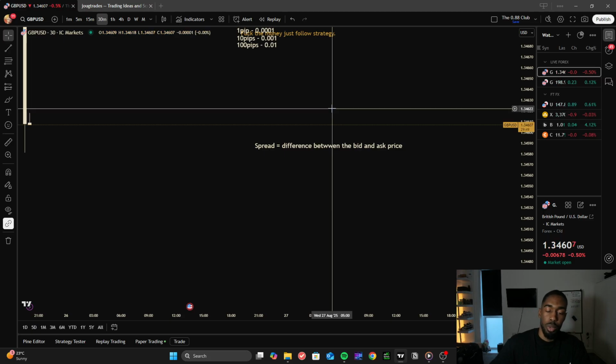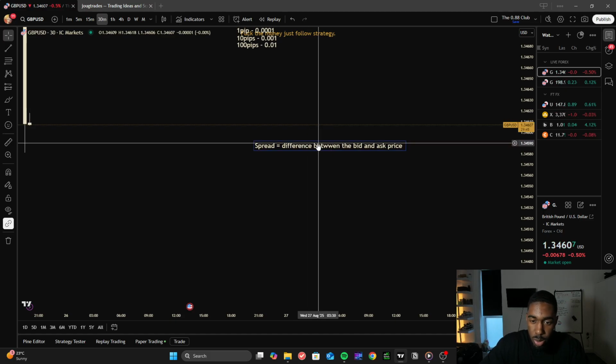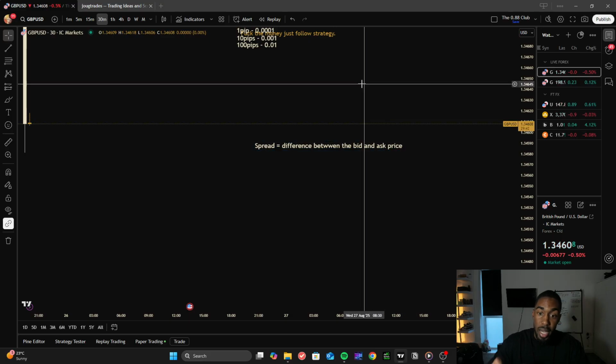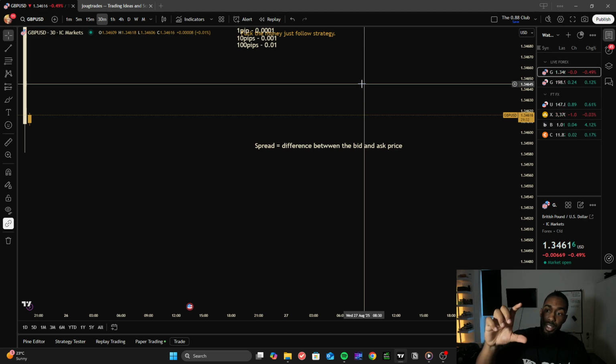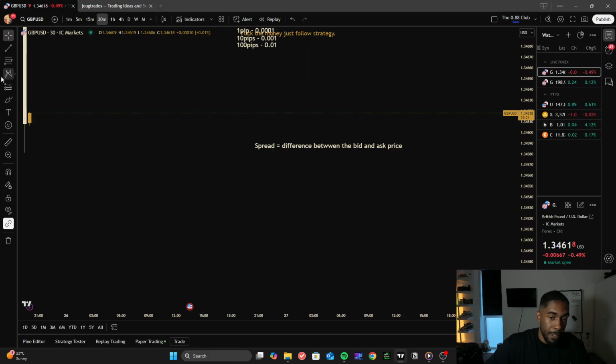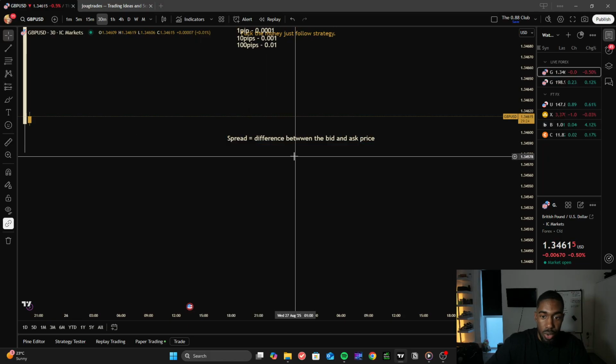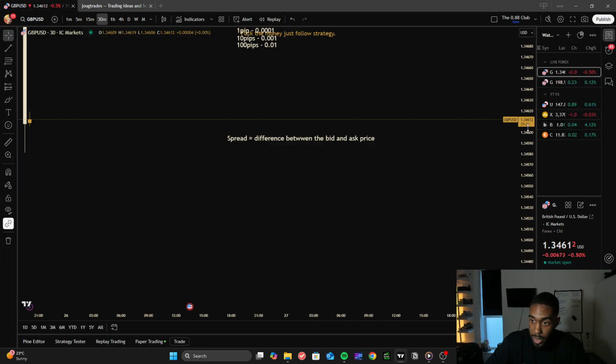All right, cool. So a spread is the difference between the bid and the ask price. When you're buying, you get shown a bid price. When you're selling, you get shown an ask price. Spread is the difference between the price when you're buying and selling. And with that, we quantify it in terms of pips.